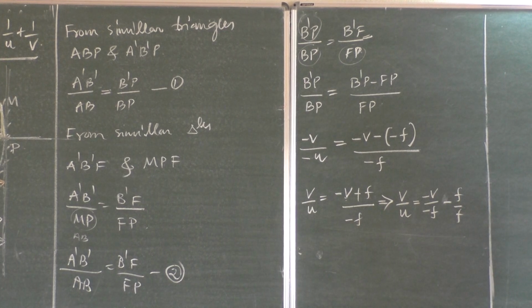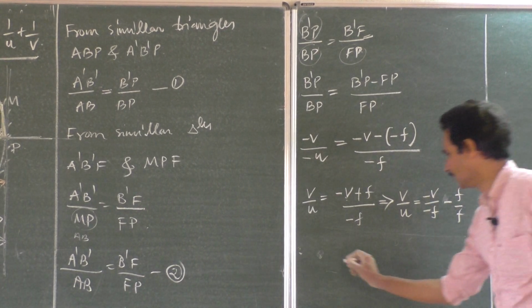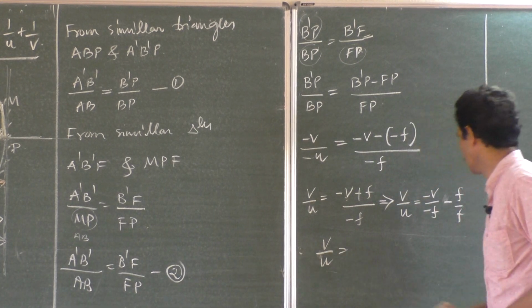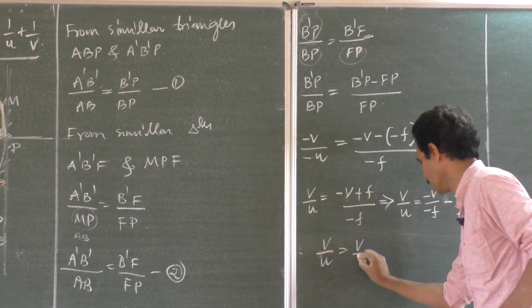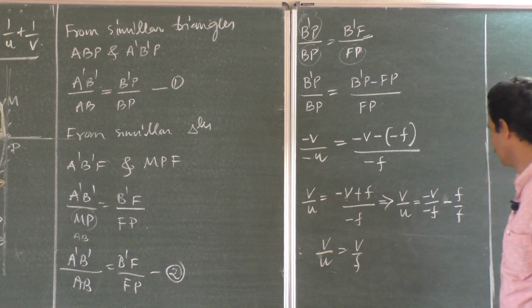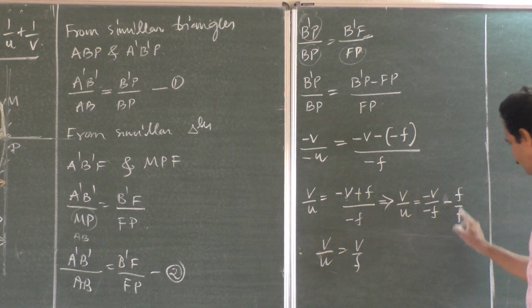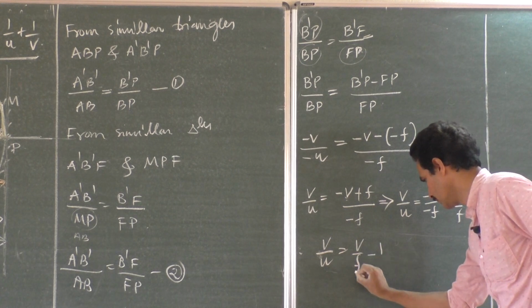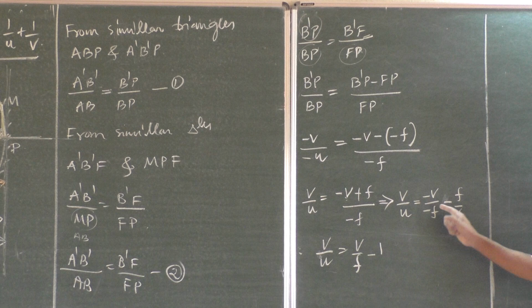This is minus 1, of course. So finally, v by u is equal to v by f minus 1, because minus v by minus f is v by f, and plus f by minus f is minus 1.